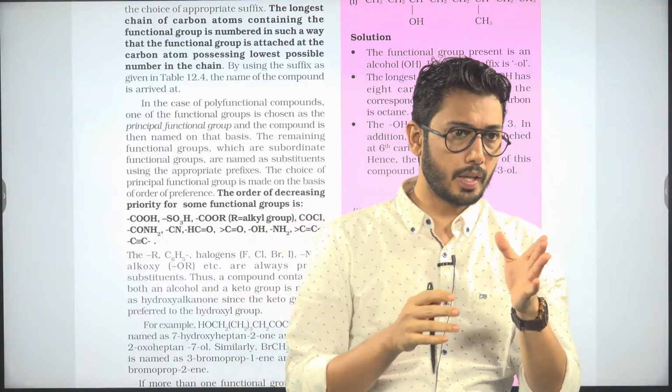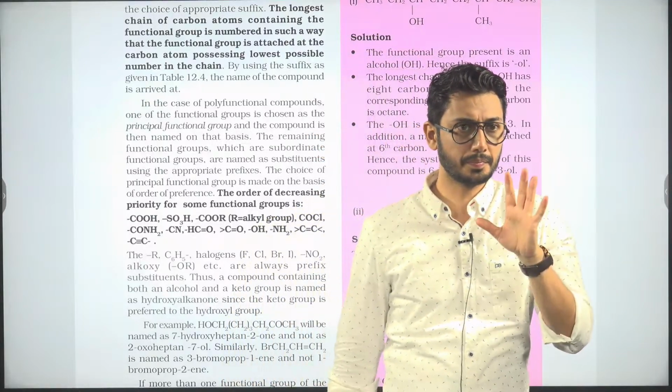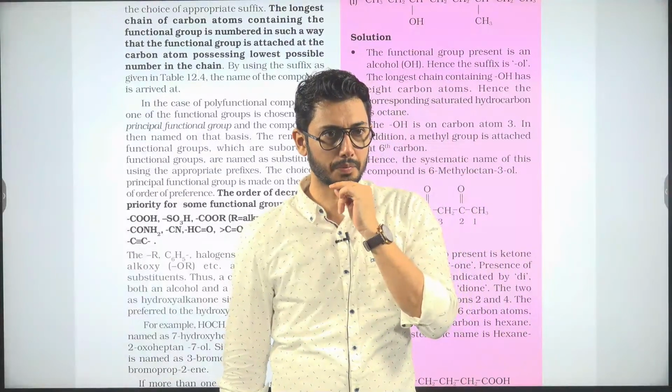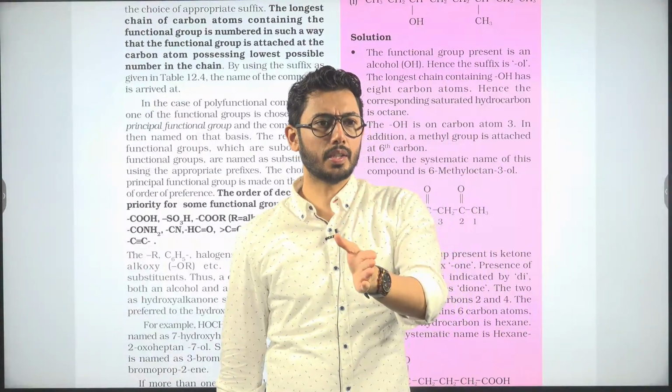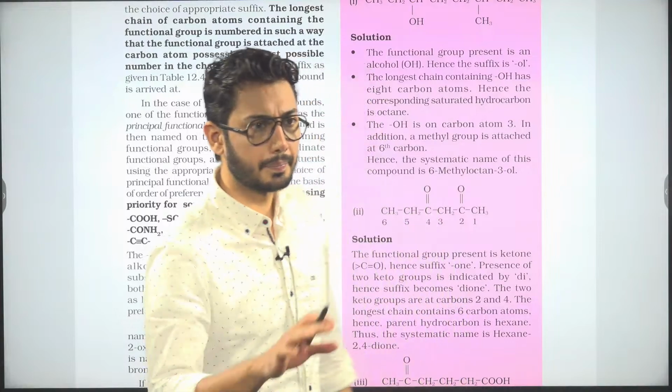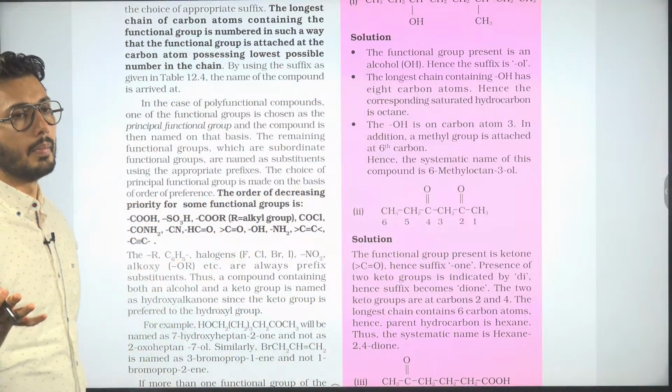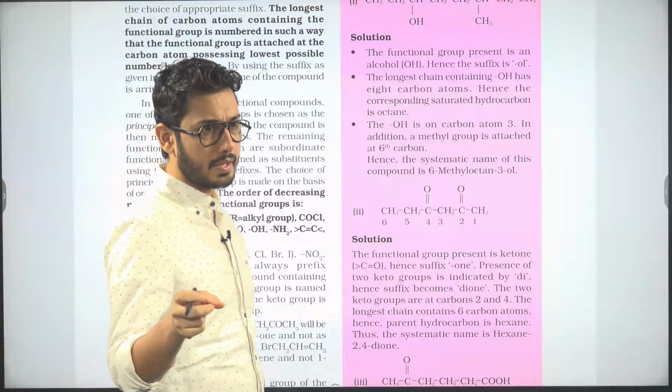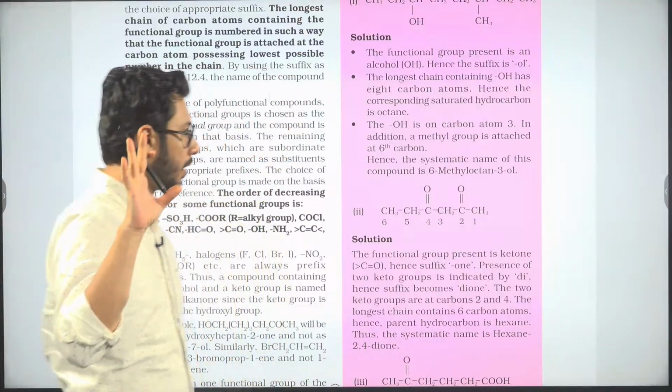Most of the students here are saying seniority order of functional groups. After this, I can talk about the common naming. Ultimately we will do both. So we will talk about suffixes now.